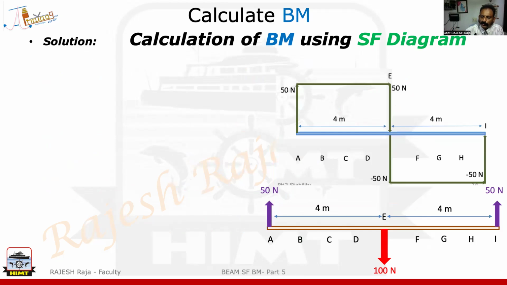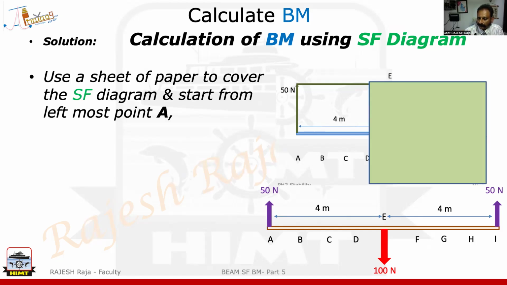Let me just quickly show you. Assume you had a SF curve and somebody is asking you to calculate BM at point delta. I'm going to use a paper like this. I'm going to close the rest of the points. Since I'm going to use only the left side, you can see I'm closing till delta, and each frame is 1 meter. You can see 1, 2, 3, 3 meters into 50 newtons.